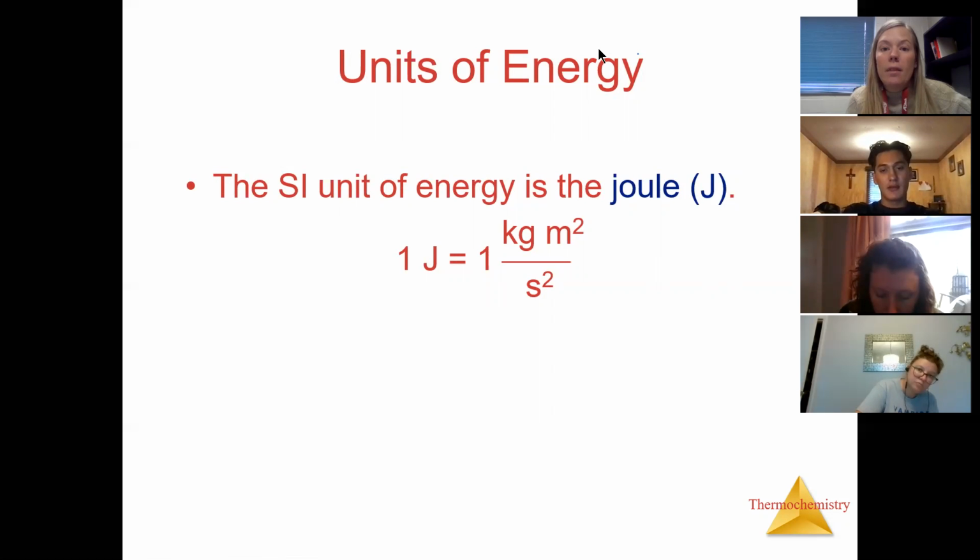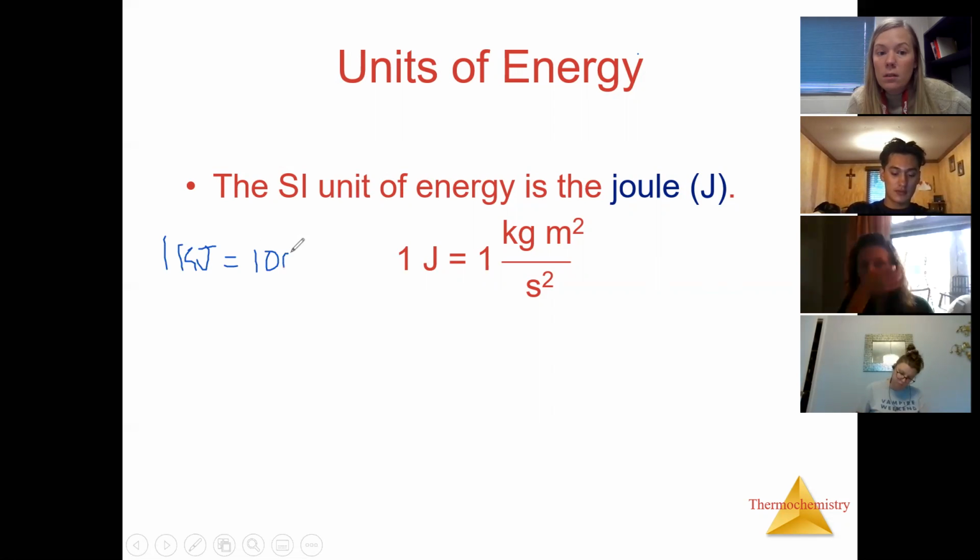Sometimes you'll hear the unit of a kilojoule. 1 kilojoule is equal to probably just what you're thinking, 1,000 joules. So the SI unit is the joule. We can apply prefixes to that as well, just like we can apply prefixes to meters and grams.